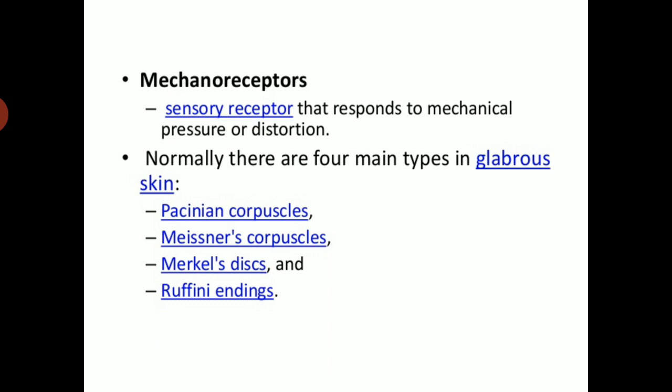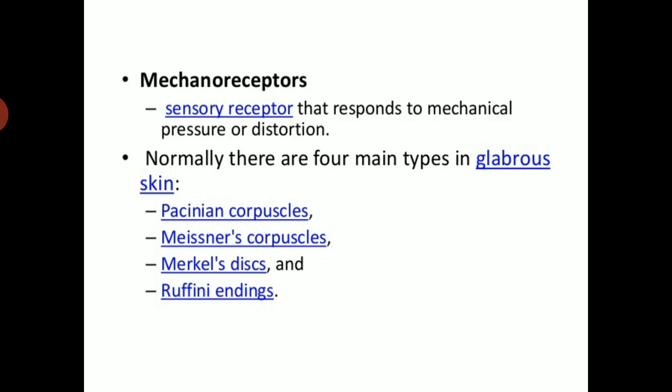Normally there are four main types in glabrous skin, and they are Pacinian corpuscles, Meissner's corpuscles, Merkel's discs, and Ruffini endings.